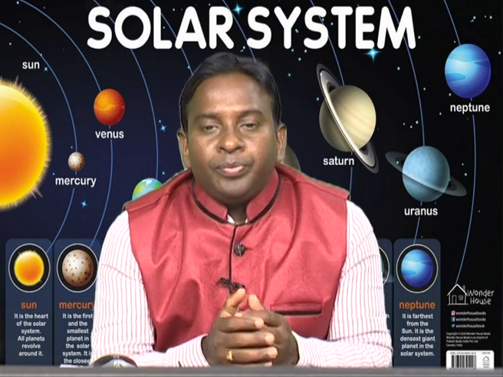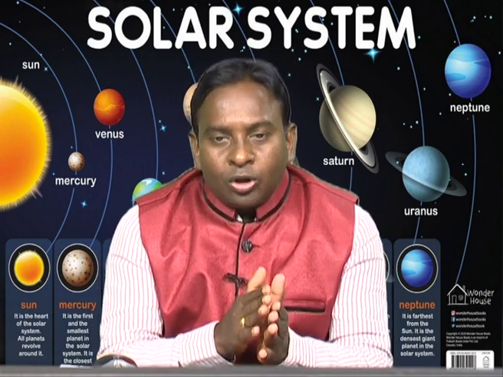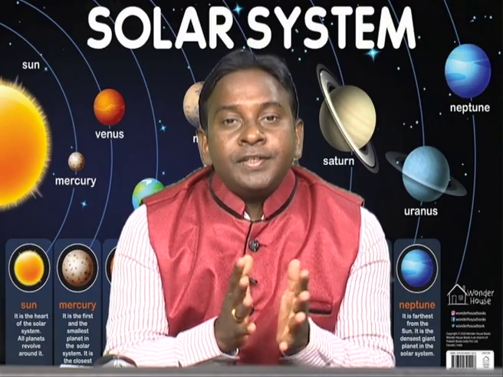Mercury is the closest planet to the sun and the smallest planet in the solar system. The distance is also required.